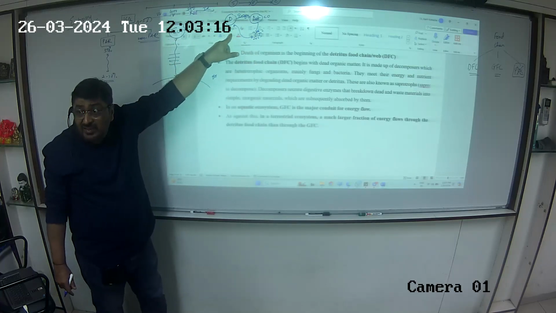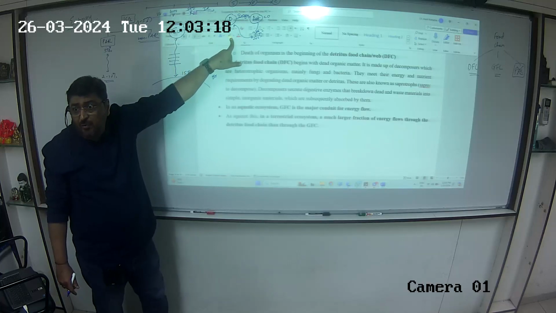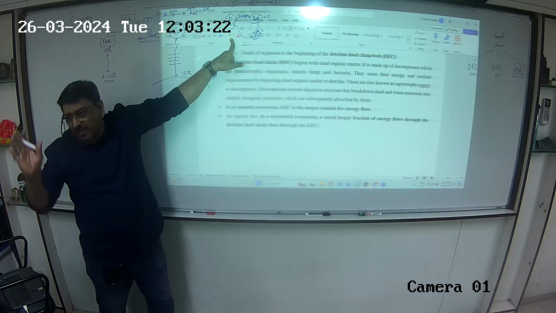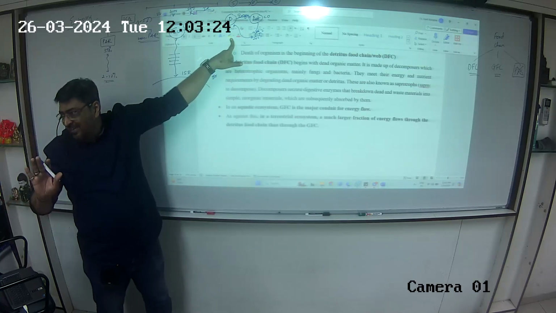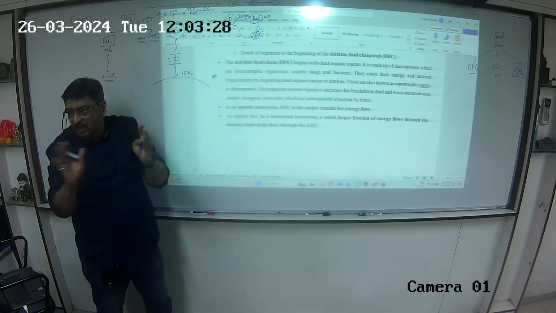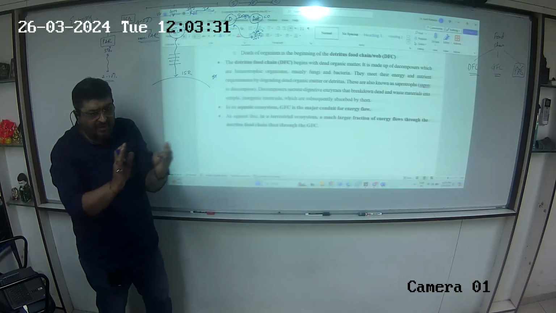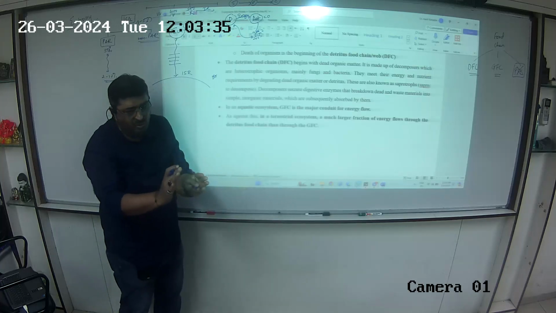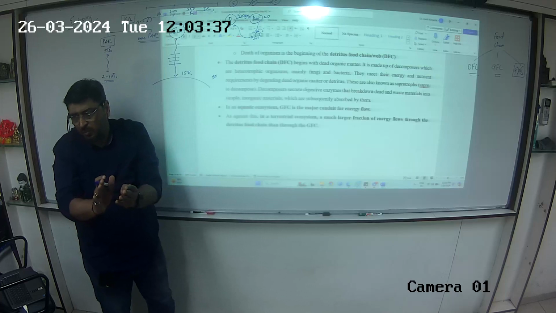Right? This is a saprotroph, whereas a saprophyte would work intracellularly. Even so, they will do the same thing. उनके लिए भी कॉम्प्लेक्स टू सिंपल कन्वर्जन ही है. So please, if saprotroph and saprophyte come, two different words, don't get misled कि ये दो अलग-अलग चीजें. No, you can use them one for the other also. कोई प्रॉब्लम नहीं है. Okay.